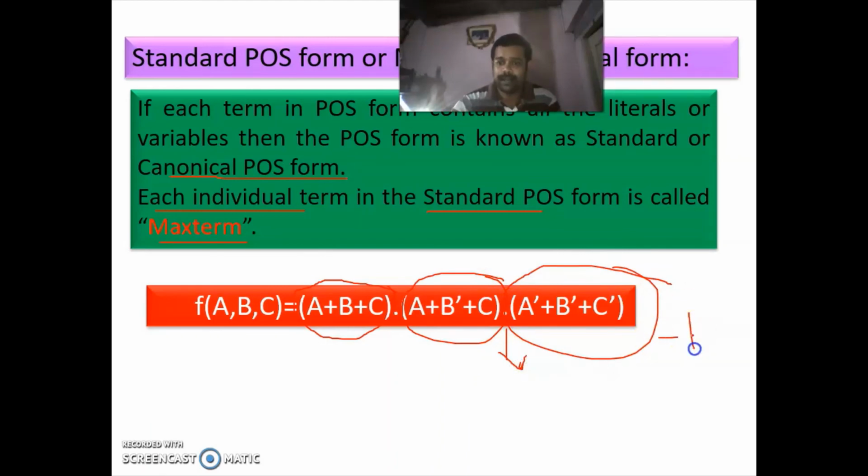Now how to check whether it is standard or not? Here you are having 3 variables A, B and C, and here you are having 3 terms. All the 3 terms are having all the 3 variables. So it is standard, and each individual term of the standard POS is called max term.